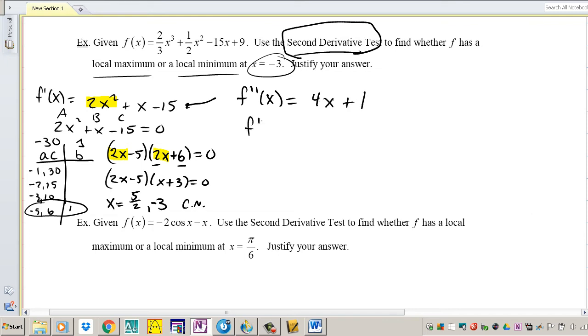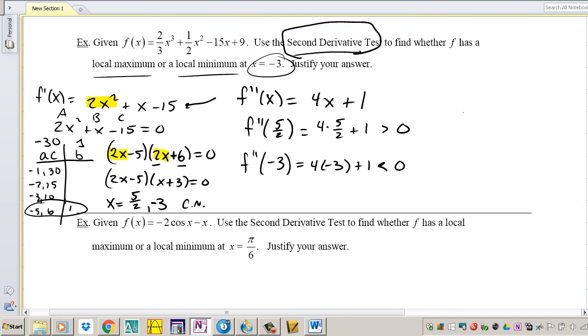Now let's plug in our critical points. Four times 5 halves plus 1 is surely positive. 4 times negative 3 plus 1, that is definitely negative. So this is a max, I'm sorry, this is a minimum, this is a maximum.